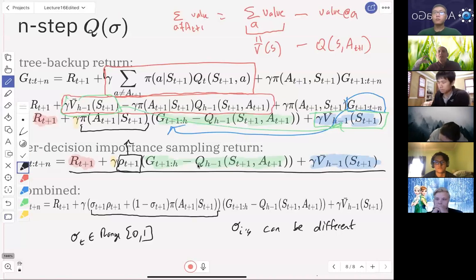So you could have instead gone ahead and experienced more things in the environment, updating your Qs by the time you've managed to update one Q in the expected case. So the same thing could be true here in the tree backup. If it's expensive to calculate normally because you have a lot of actions, then that's not so great.